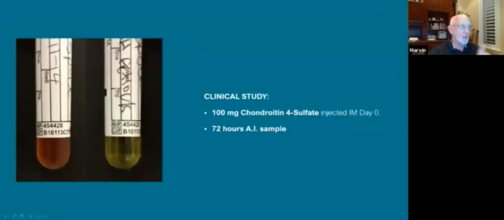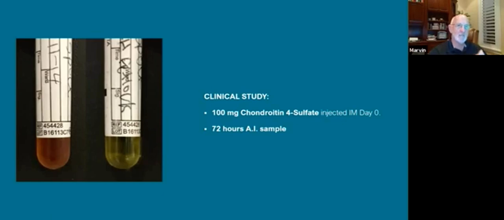This is the joint fluid taken from that horse at 72 hours. So we did it at day 0, 3, and 7. So this is at 72 hours. 100 milligrams chondroitin sulfate. Look what happens. You see the heme color on the left, you have some blood, and if you put it between your fingers, it has no elasticity, it has no viscosity.